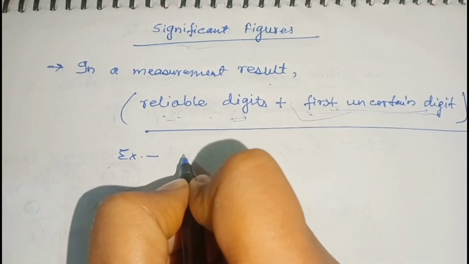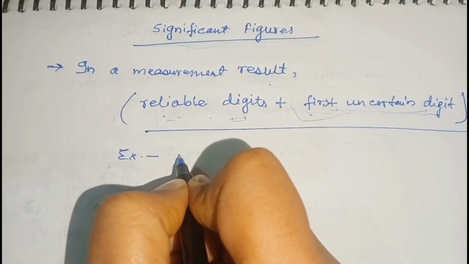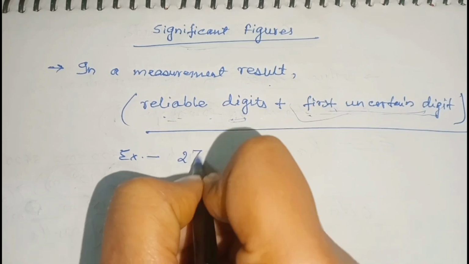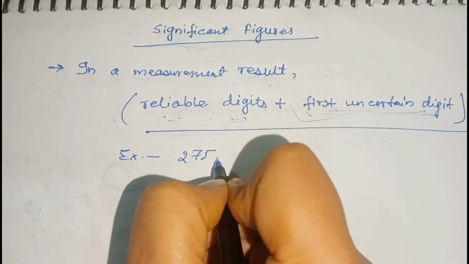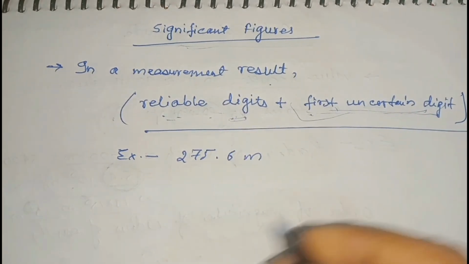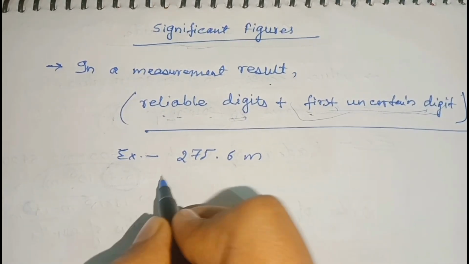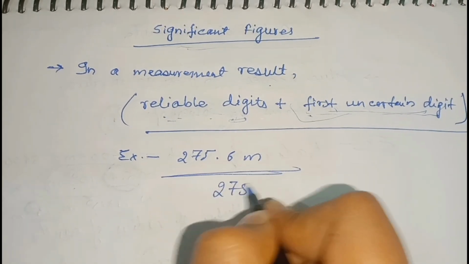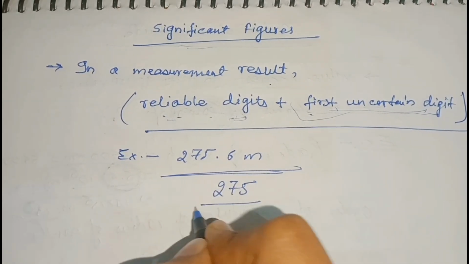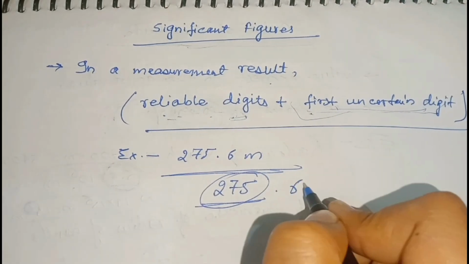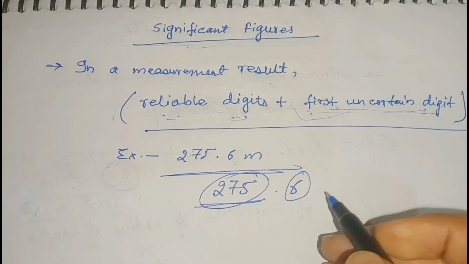Suppose there is a measurement of a distance that is 275.6 meters. Here 275 is reliable, it is certain, and 0.6 is uncertain.